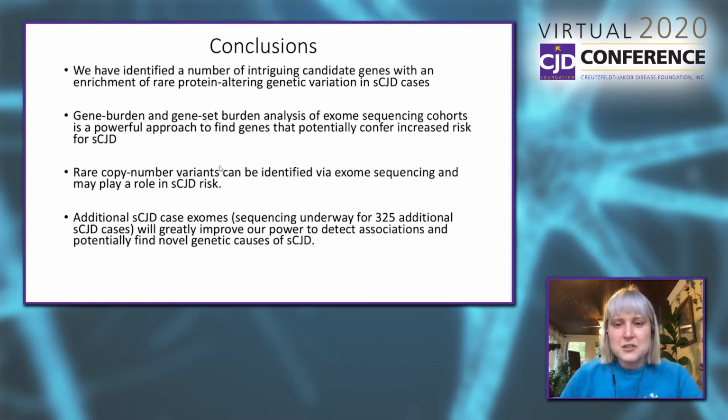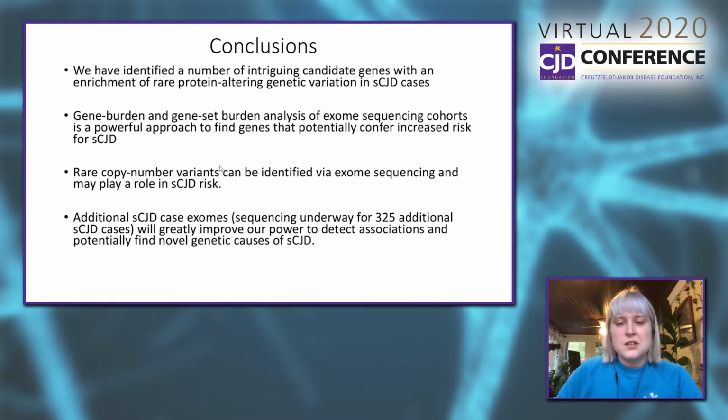So in conclusion, we have identified a number of intriguing candidate genes with an enrichment of rare protein-altering genetic variation in sporadic CJD. We've used gene burden and gene set burden analyses on our exome sequencing cohorts, and this is a powerful approach to find genes that could confer increased risk for sporadic CJD.